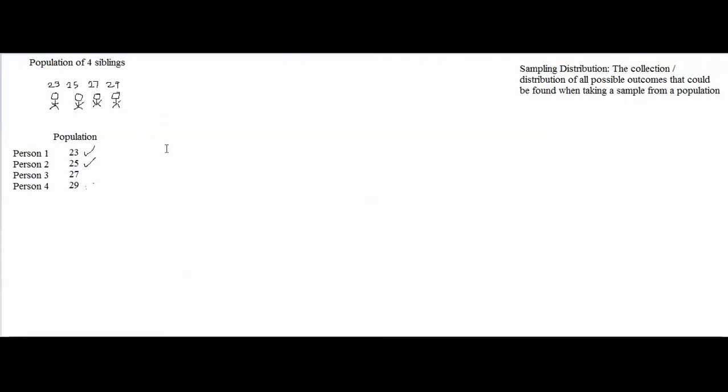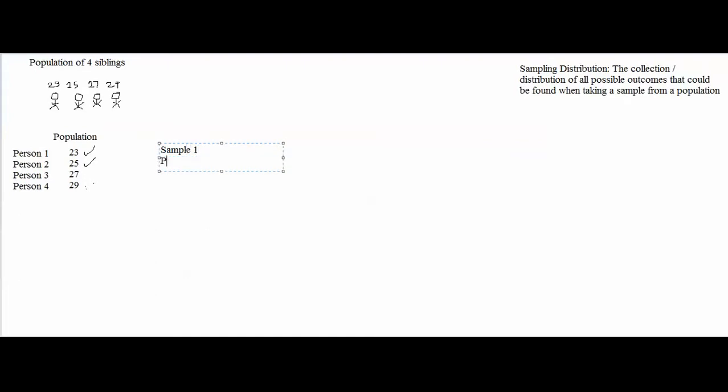So let's write that down as the first possible sample. So what we're going to do is list out all of the possible samples of 2 people that we might end up selecting, and then write out the ages for each of those possible samples.